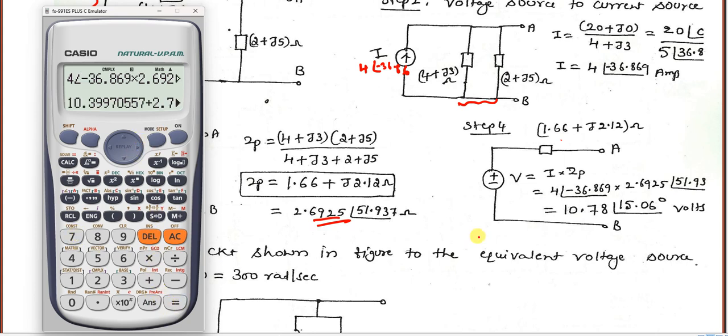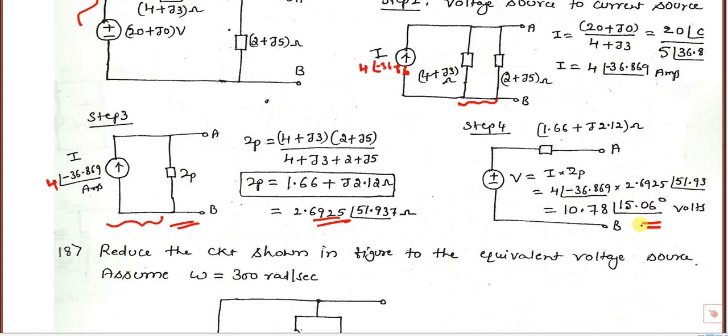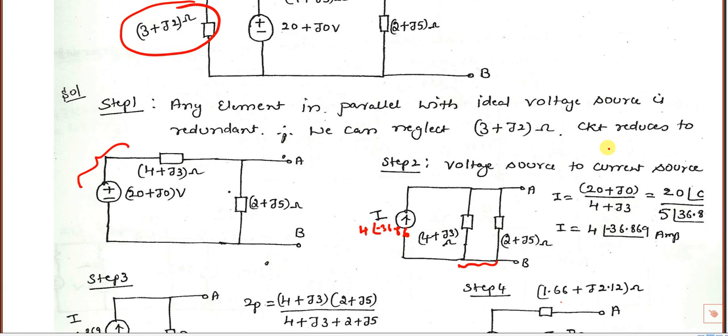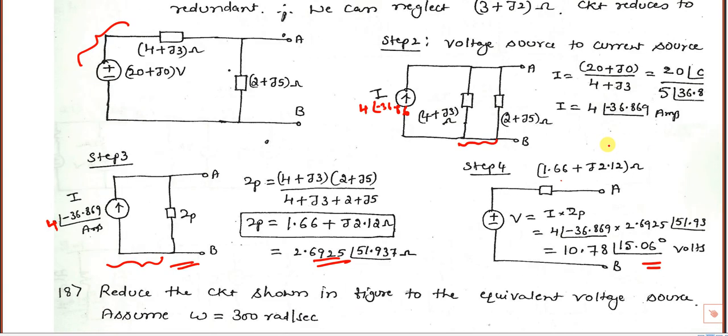You will get 10.39 plus 2.75I. You have to keep the answer in polar coordinates: shift complex, third option, which is 10.7 at an angle 15. So this is the answer for this problem.